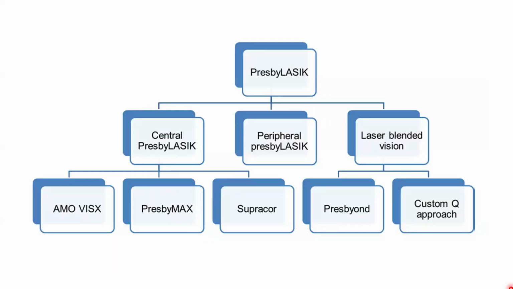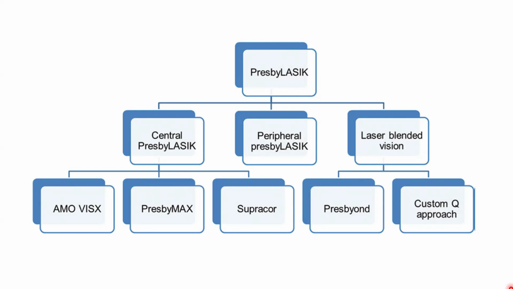Briefly, presbyLASIK is of three types: central presbyLASIK, peripheral presbyLASIK, and laser blended vision. Peripheral presbyLASIK is not done nowadays, so we'll be focusing our attention on central presbyLASIK and laser blended vision. Central presbyLASIK is done via three platforms: the AMO VisX, PresbyMax, and SupraCore.